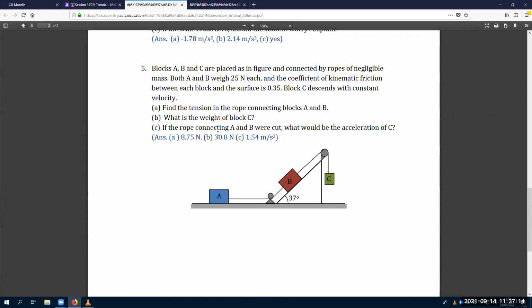Online students, how many free body diagrams? Come on, answer me. How many online students do we have? 70. Amrit is saying 3. Do you all agree? Yeah, Marius also says 3.